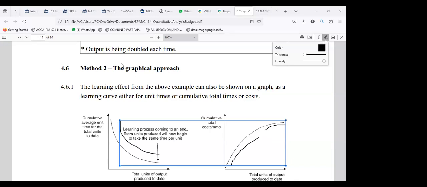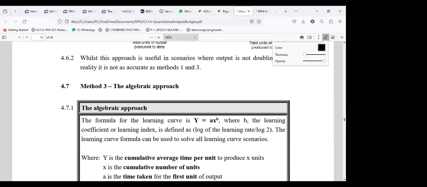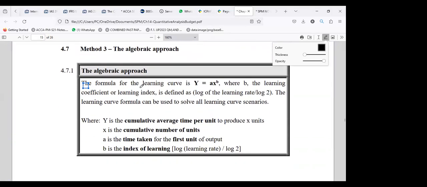Anyway, we move out here to the Excel. Now, there are formulas which are given. Let me show the formula here. I don't want to type it. The formula is here, the algebra formula. We usually say y is equivalent. I've shown you the tabulation.